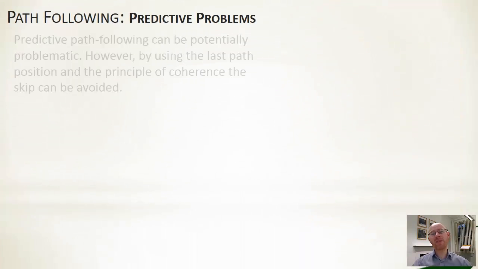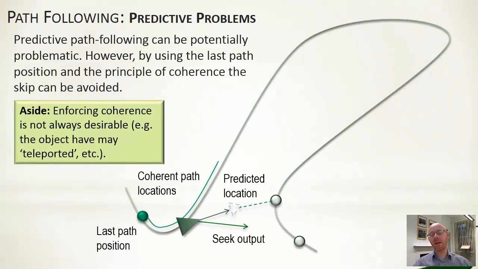There can be some problems with predictive path following. You can see it here in this particular diagram. So for the triangle down at the bottom, we've just gone around a corner, we've got a certain velocity. It's potentially valid that we would predict that our future location is going to be where the dotted triangle is.